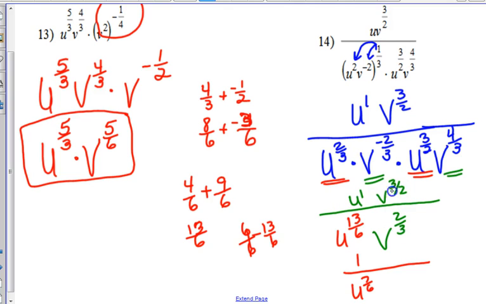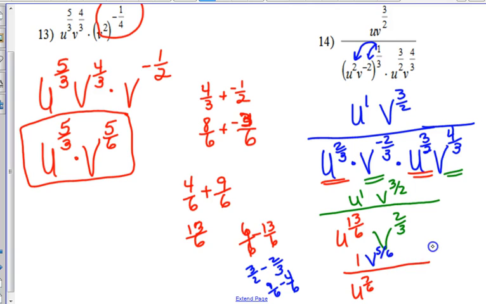Okay, finish this. The v's, what happens to the v's? 3/2 minus 2/3 is 9/6 minus 4/6 is 5/6. It's on top though, right? Okay, v to the 5/6.